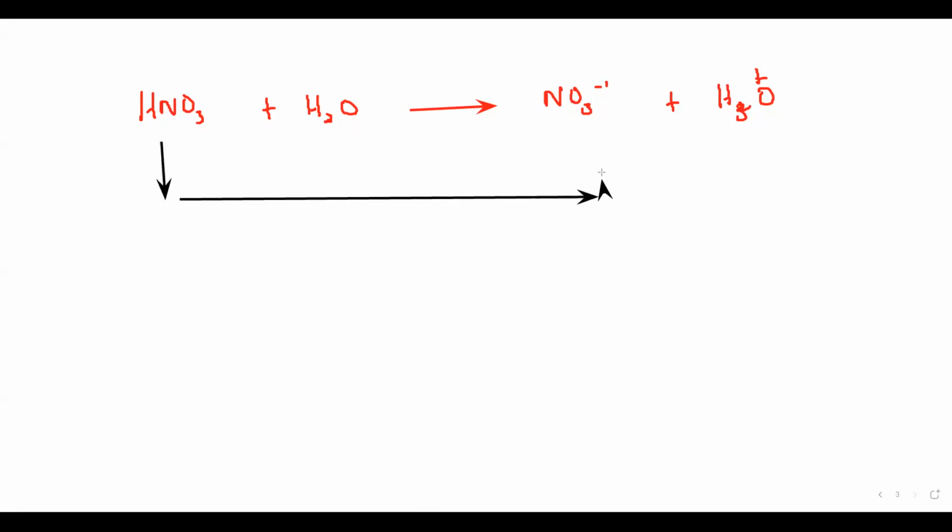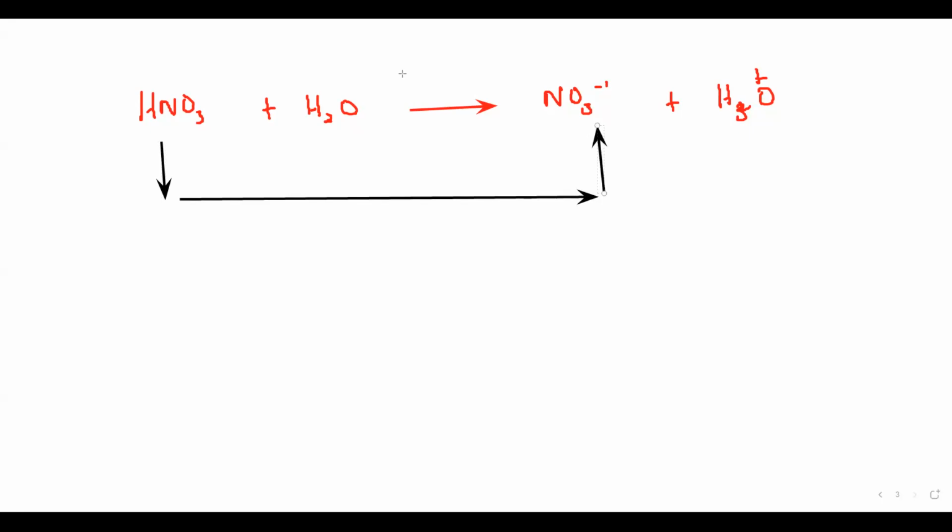Then another example: a reaction in which HNO3 is mixed with H2O, and as a result it produces NO3 minus and H3O plus. When we identify the substance which is acid, HNO3 changes to NO3.